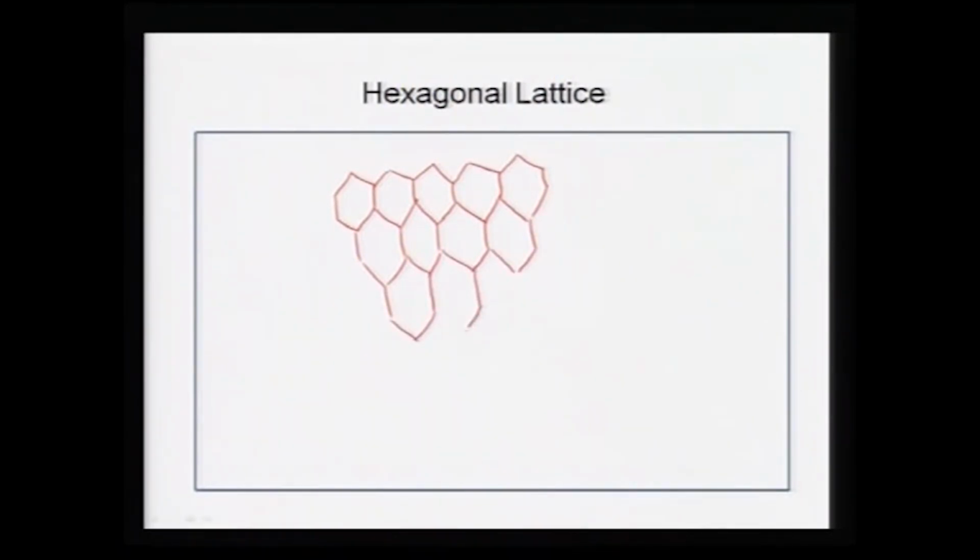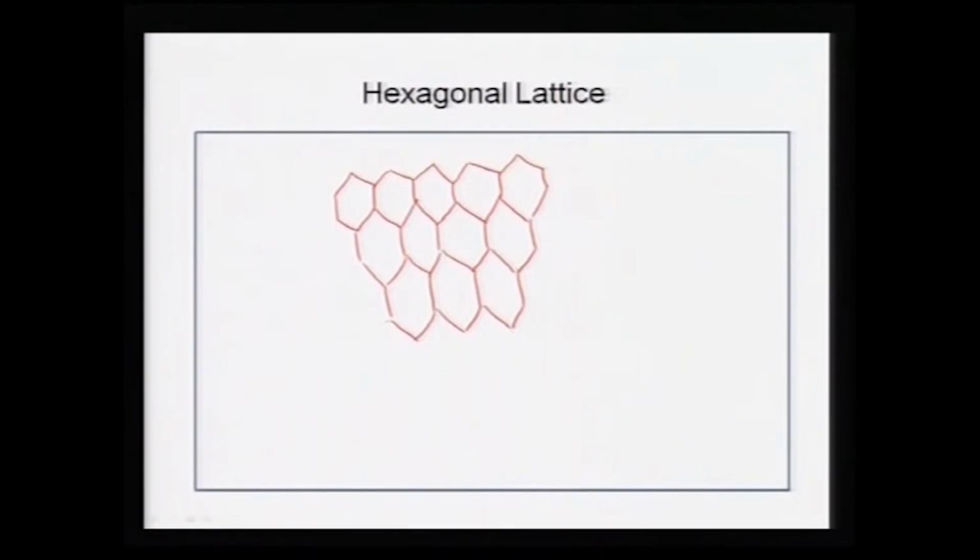So, the lattice goes like this. It is a symmetric hexagonal lattice, and we can see that kind of lattice forming in a hexagonal pattern.